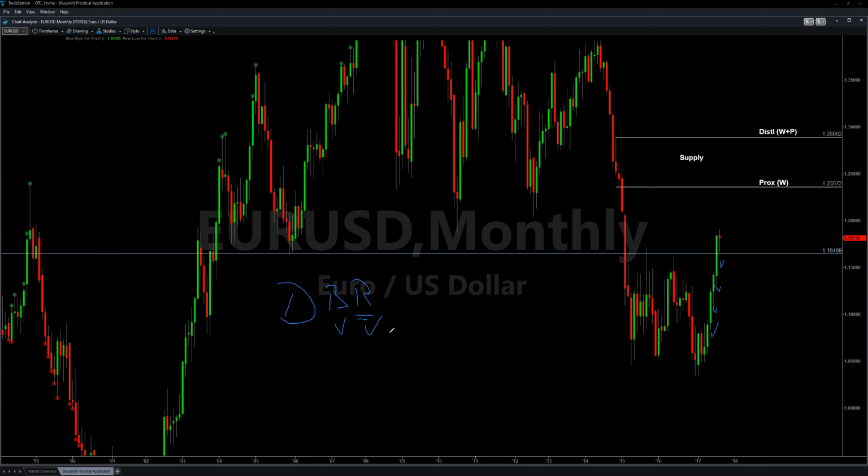A base candle, an indecisive candle without a winner, right? That's this candle here. And now a drop. We're not talking about one red candle. We're talking about a drop. And a drop means a price drop, big red candles.